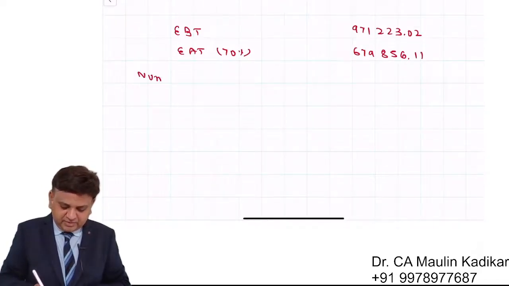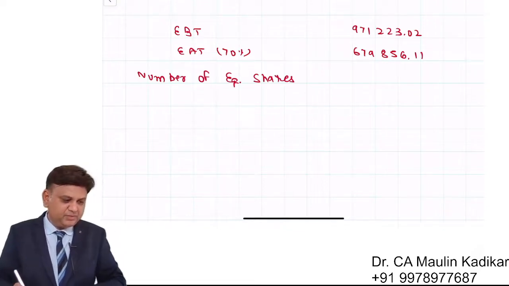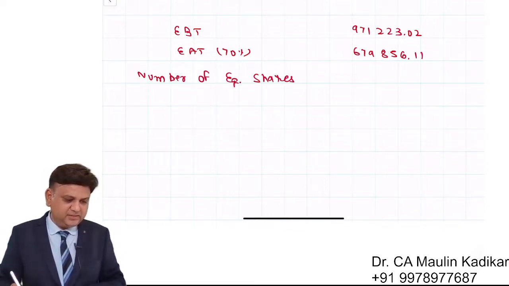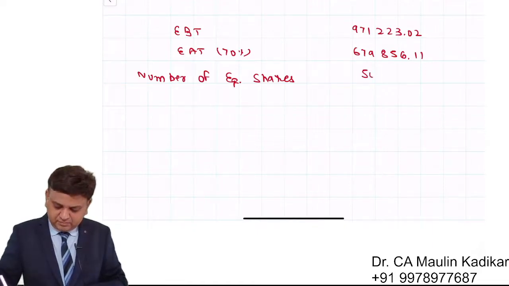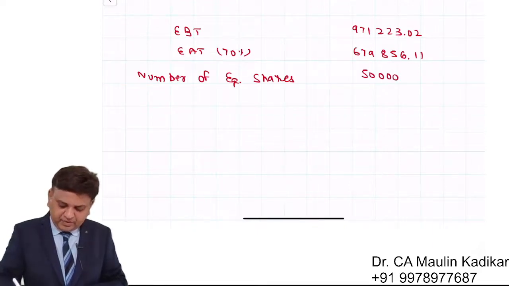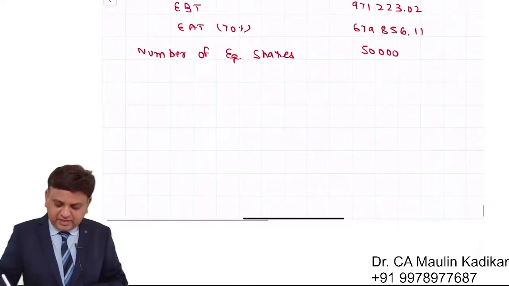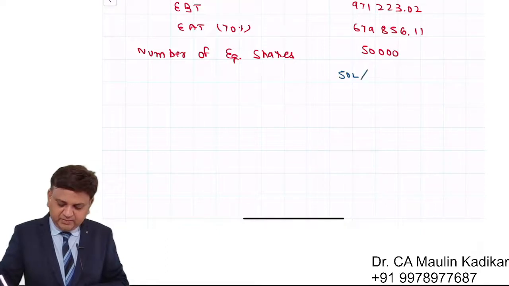Dividing with the number of equity shares. Number of equity shares are provided to us as 50,000. 50,000 is calculated as 50 lakhs divided by 100 rupees per share.